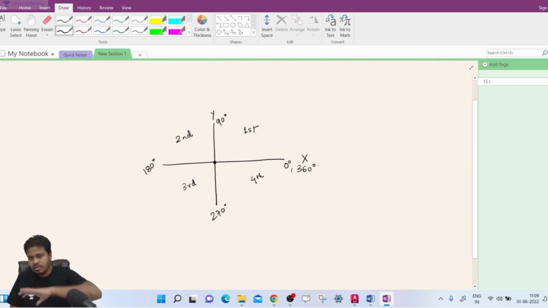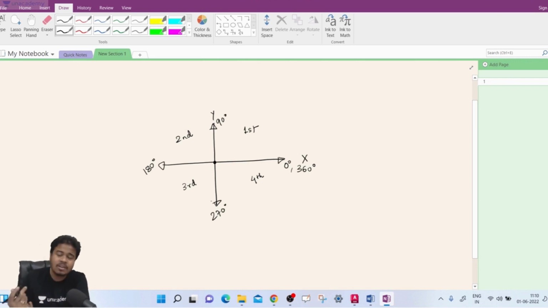So if you see here, the angle by default which we measure is in the anti-clockwise direction. See, this is 0 degree. If I move in the anti-clockwise direction, this is 90 degree. This angle is 180 degree.